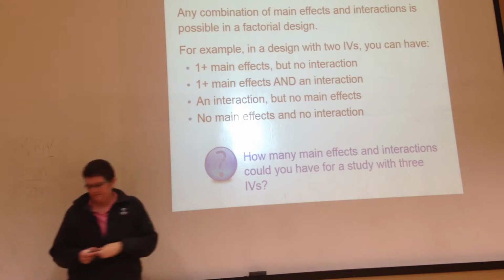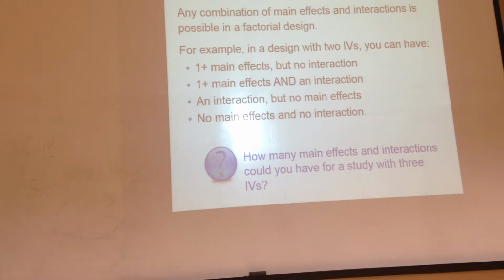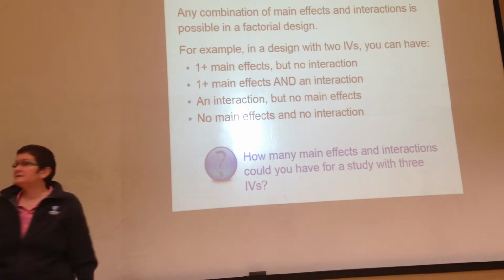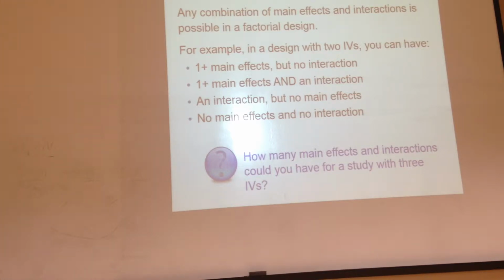Let me ask you a question. You know that if we have 2 IVs, IV1 and IV2, we can have a main effect of IV1, a main effect of IV2, and we can have an interaction of those 2.